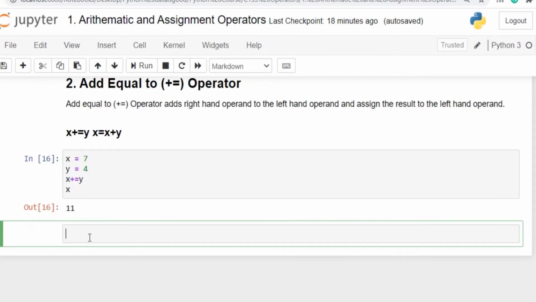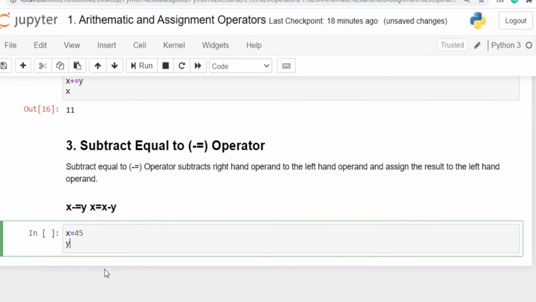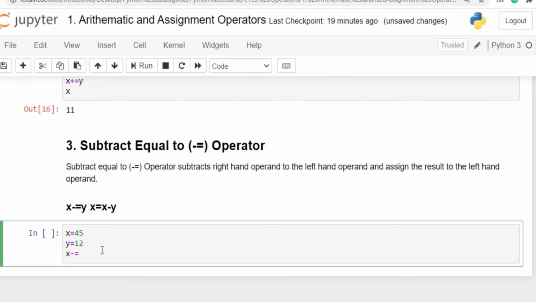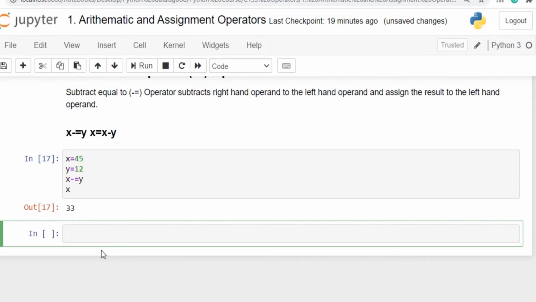Then we have the subtract equal to operator, which subtracts the right-hand operand from the left-hand operand and assigns the result to the left-hand operand. For example, x minus equal to y implies x is equal to x minus y. X equal to 45, y equal to 12. X equal to 45 minus 12 equal to 33.